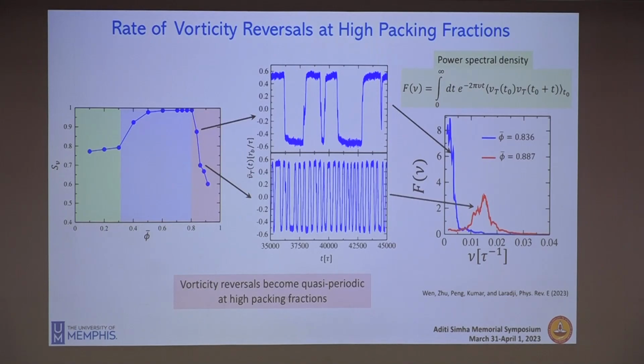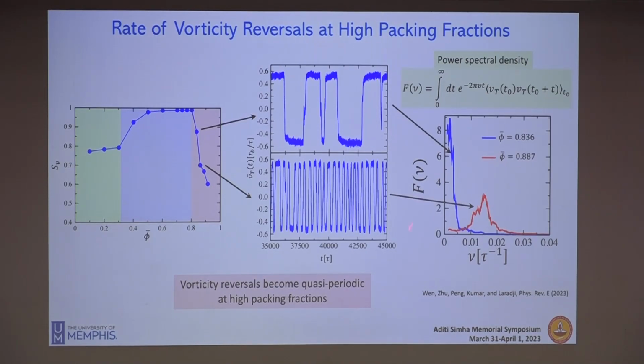So this just shows the vertical order parameter in some band within the system as a function of time, and it shows these interesting reversals at relatively high but not very high packing fraction of the particles. And you can see visually that these reversals become more or less periodic.